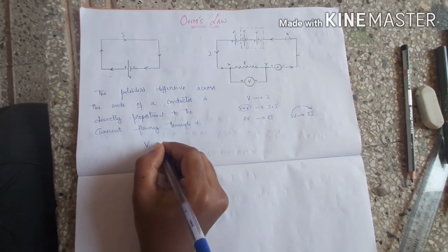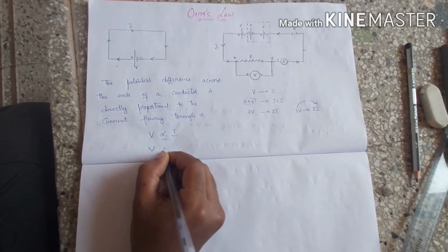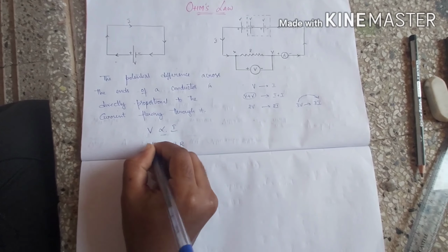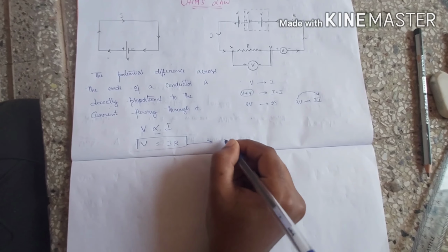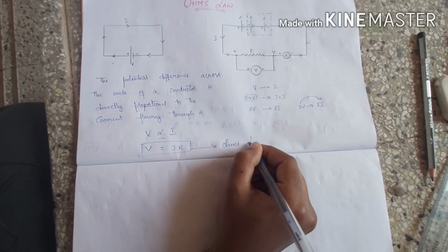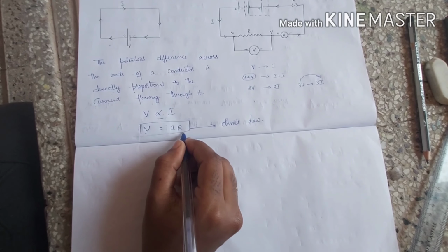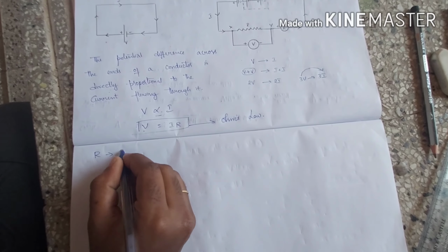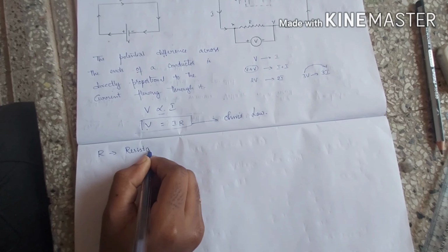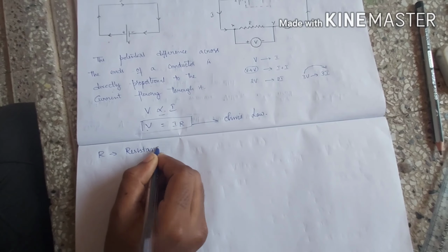In order to remove the proportionality, we'll keep a constant. This statement is called Ohm's law. V stands for voltage, I stands for current, and R stands for resistance. So how will you write R from this formula?